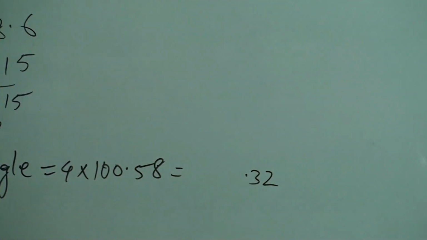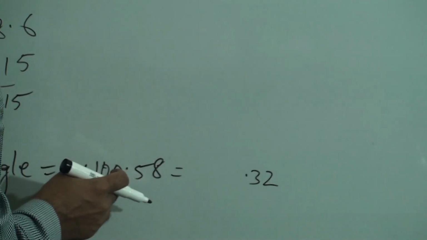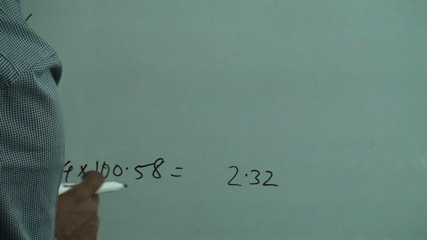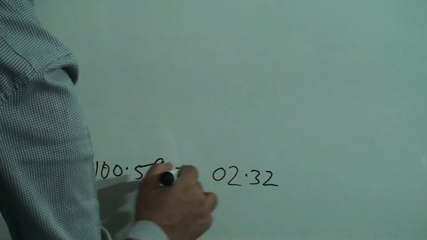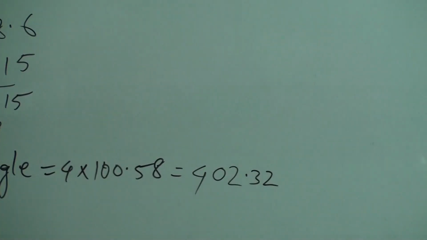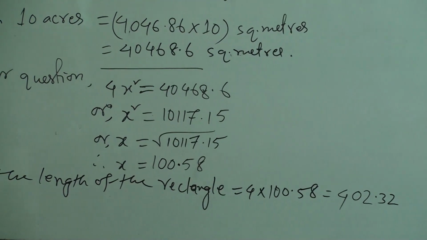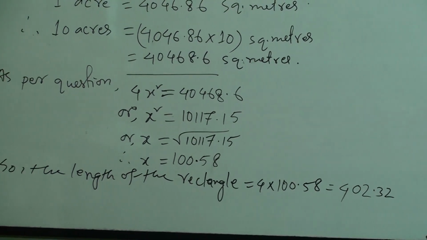Now put the decimal. 4 zeros are 0, 4 zeros are 0, 4 ones are 4. 402.32. This is our required length of the rectangle.